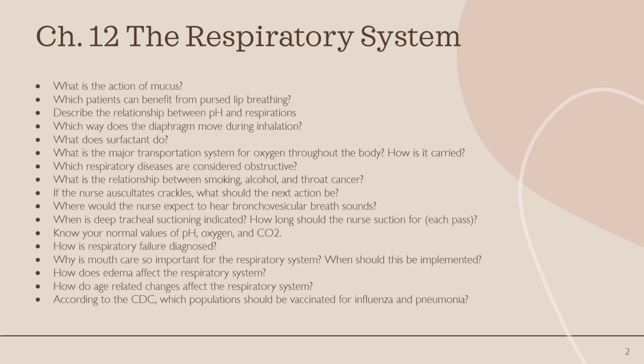Teach the best positions to decrease dyspnea, teach relaxation techniques, and encourage the patient to practice them. Interact with the patient with a calm, reassuring manner, and refer them to community support groups. We always assess the patient first. So before you do any interventions, we first assess.